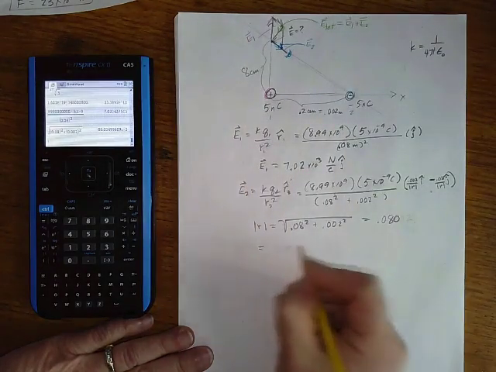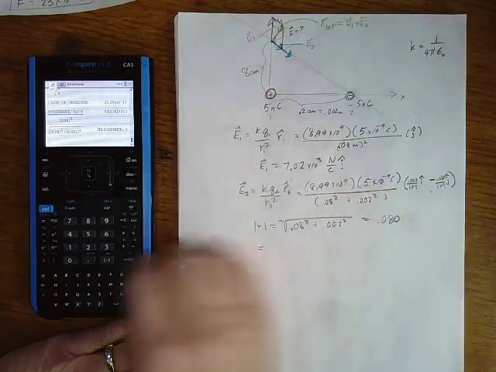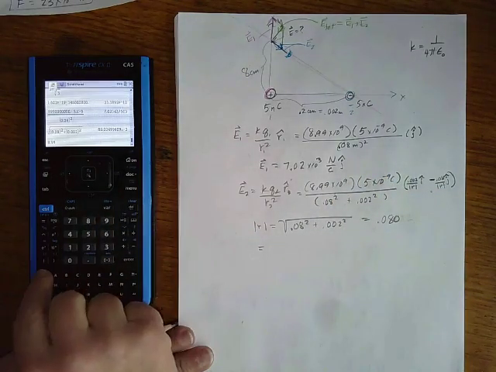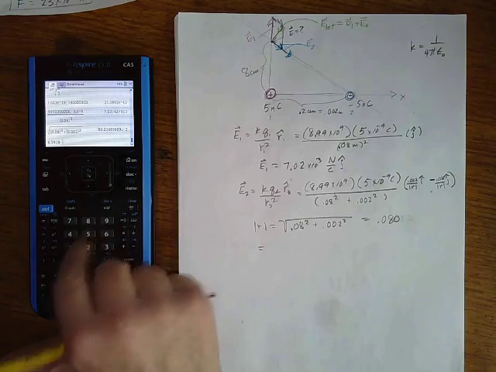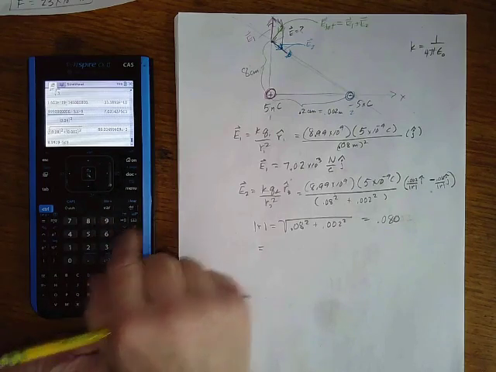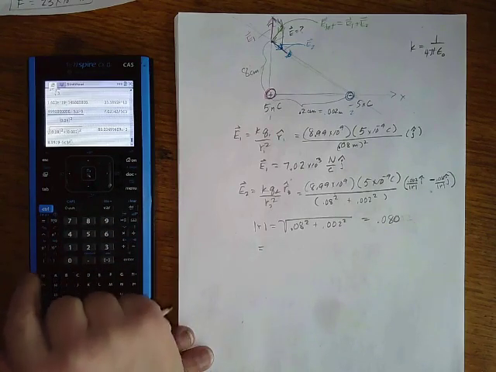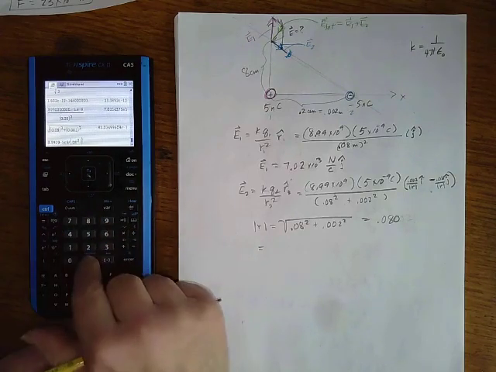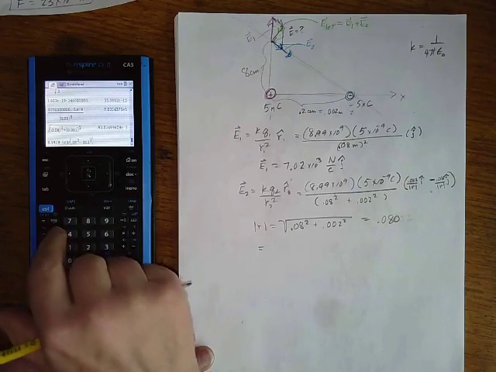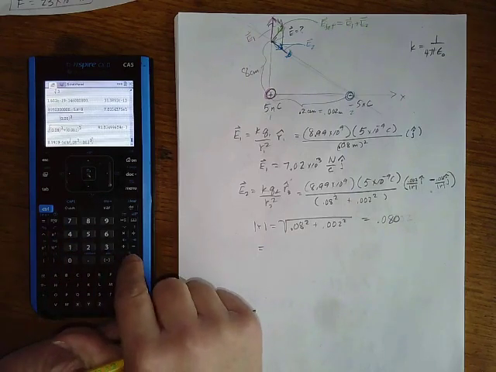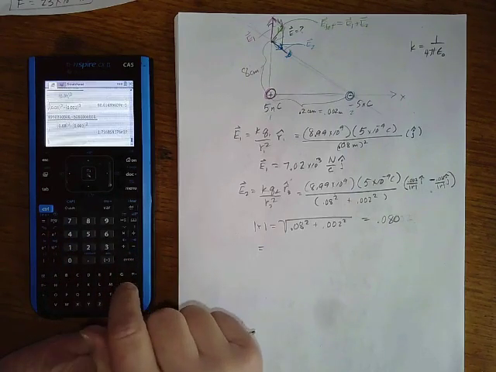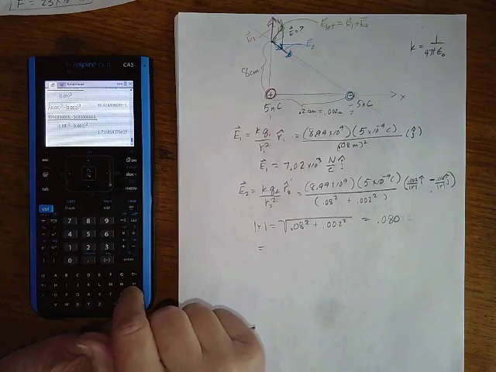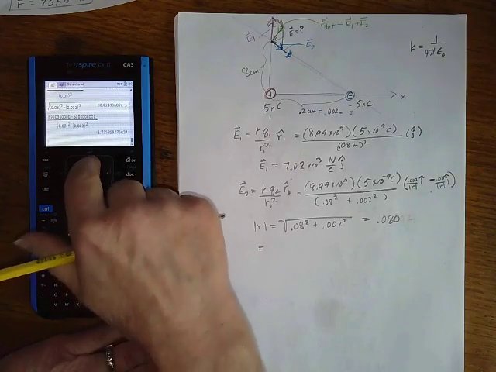All right, so calculate this number, 8.99E9 times 5E9, divided by, we'll need some parentheses here, 0.08 squared plus 0.002 squared. No, I messed something up.